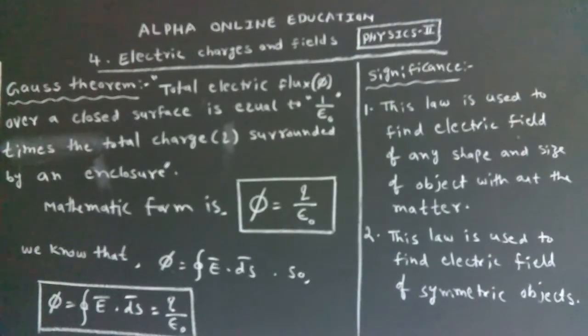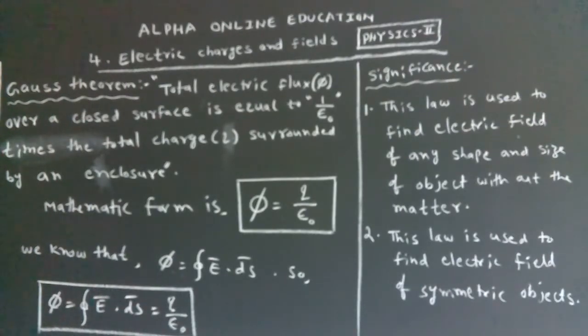See this and write your notes. Now, based on the Gauss theorem, we have 3 continuous topics in this chapter to find the electric field or intensity of electric field. Number 1, electric field by a charged rod.